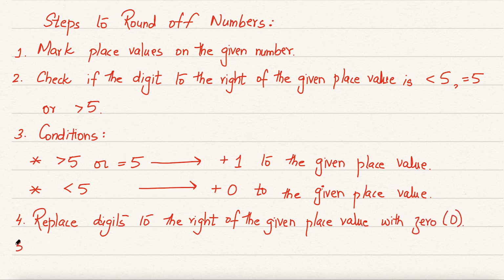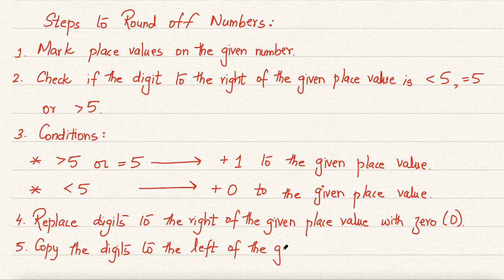And the fifth step is that you will copy the digits to the left of the given place value as it is. So these are the steps that you will follow whenever you need to round off numbers.